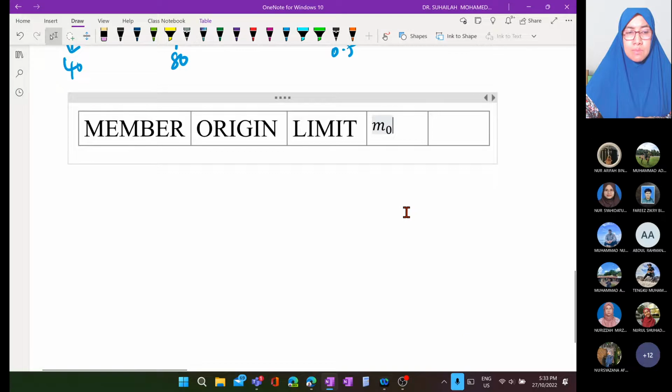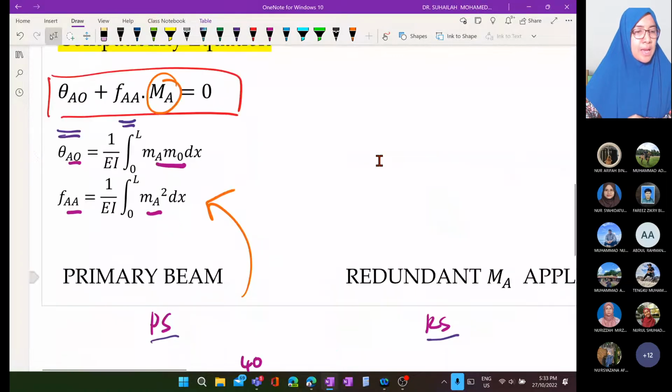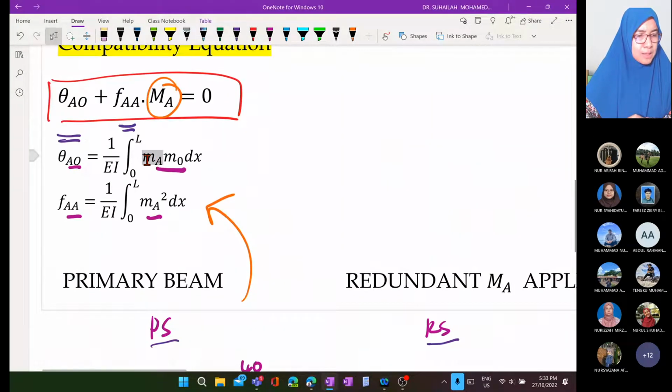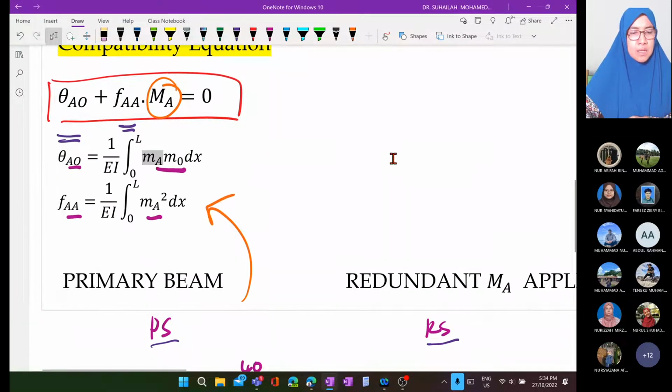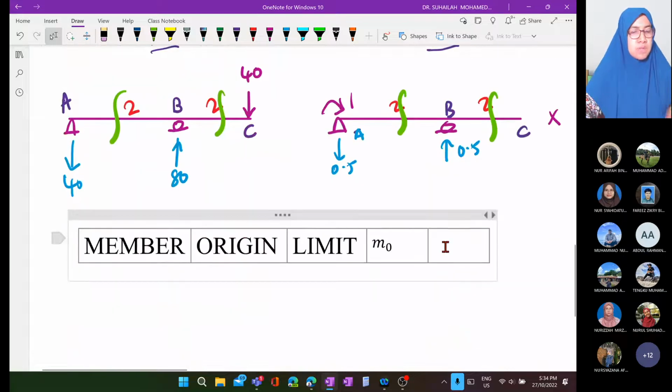We know that this is primary because of the symbol M not that we use. And MA, this one can be changed to M1 for the standard form later on. Okay, try to understand this one first. Where is the cursor?